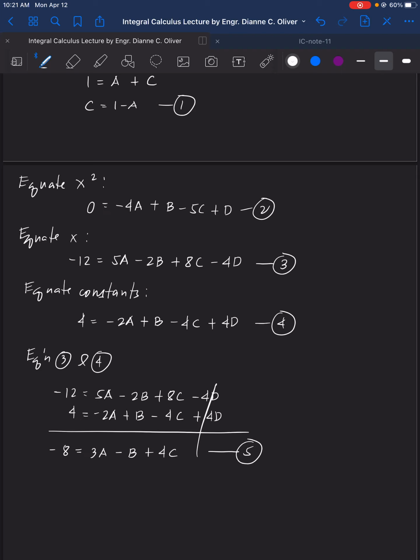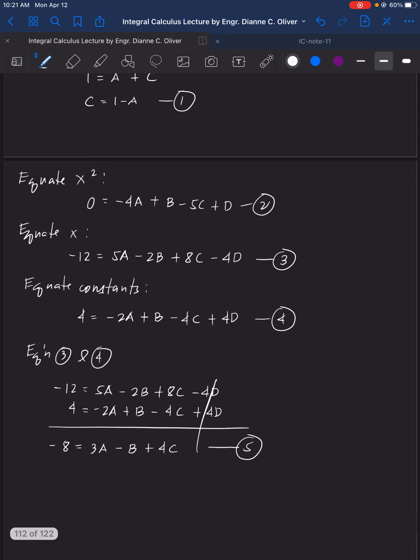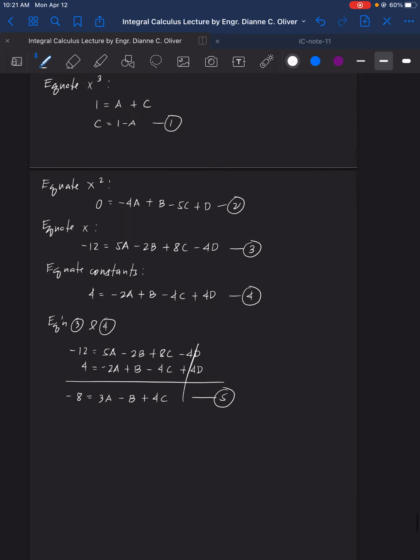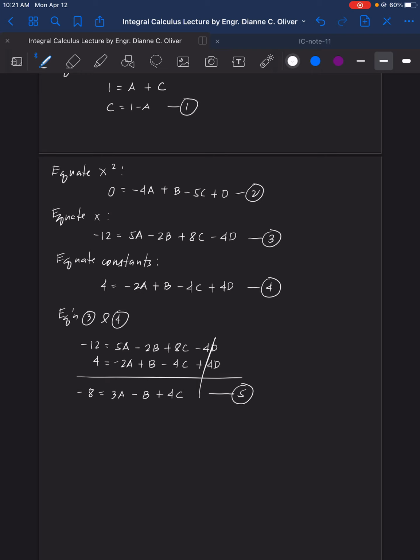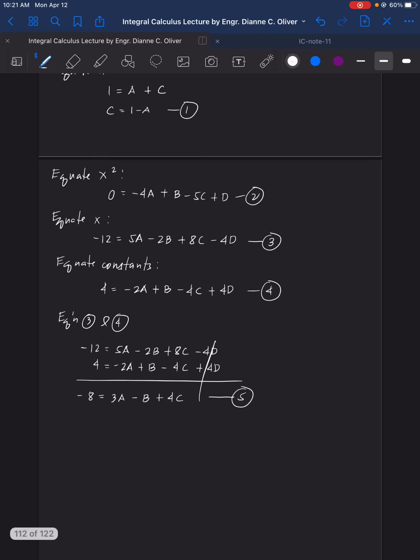Next, what can we eliminate next? So let's eliminate c. If we want to eliminate c, what will we use? So we need to eliminate another d so as to have c only.